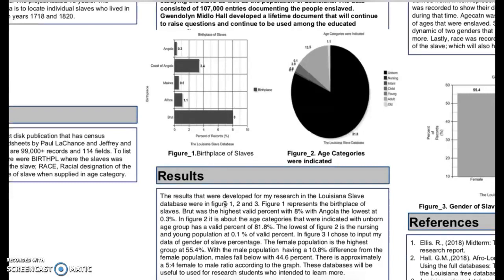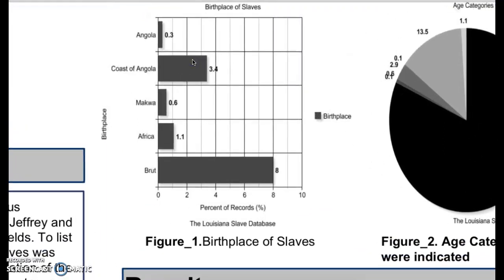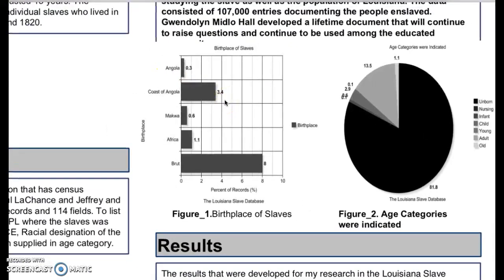Burt was the highest valid percent with 8%, with Anglo the lowest at 0.3%. So this is Figure 1. I'll zoom in a little bit more for you guys to see. If you see here, Burt is the highest at 8%, like I said. Anglo is the lowest percent, 0.3.